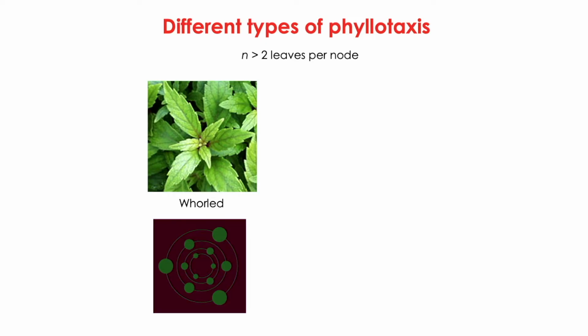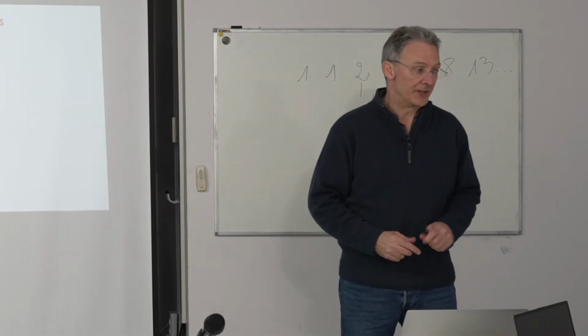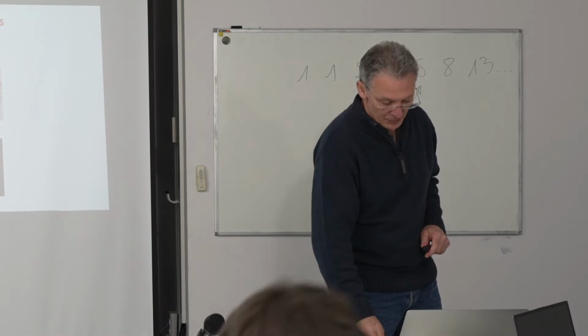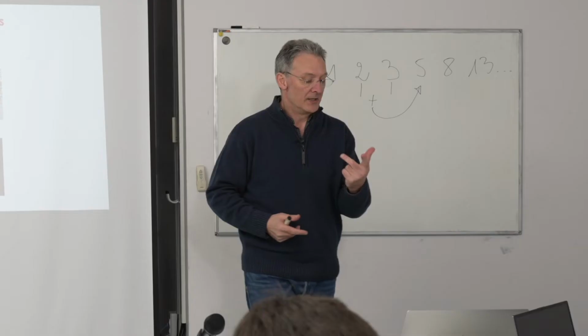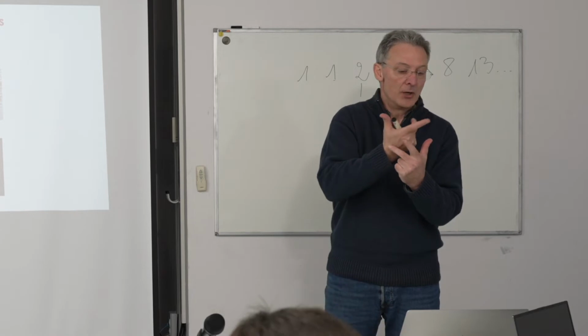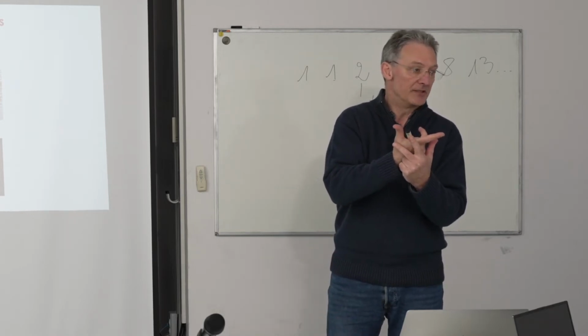Now you may have more than 2 organs per node on the stem, and this is called whorled phyllotaxis, where you may have 3, 4, or more organs. And if you have 3 organs or 4 organs, the organs will arrange in a way that the whorls, consecutive whorls, will minimize their overlapping in space.